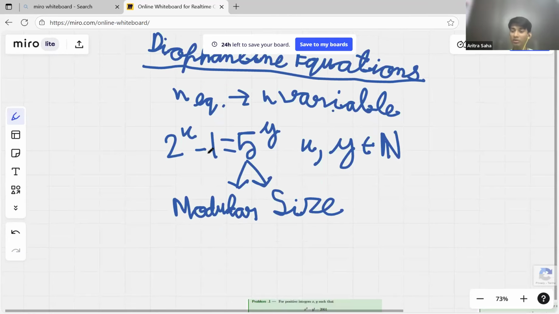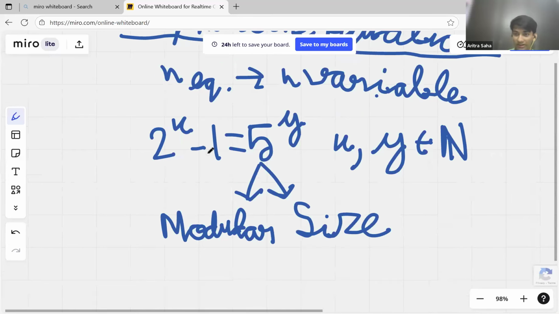So the main question: if you have a Diophantine equation, how can you differentiate whether you have to show modular contradiction or size contradiction? It's not an easy thing to spot. If you see a question, you can't say in 1 second whether it's modular contradiction or size.